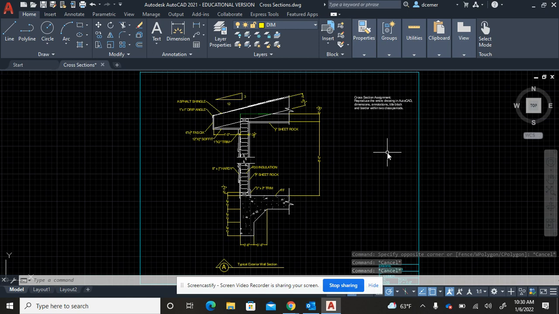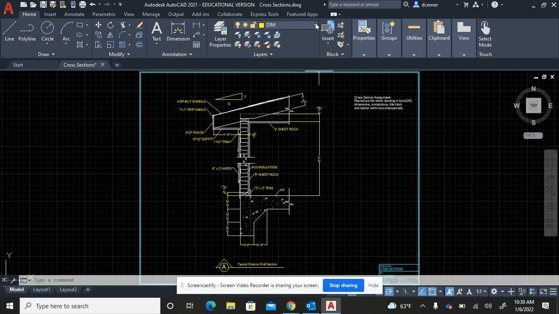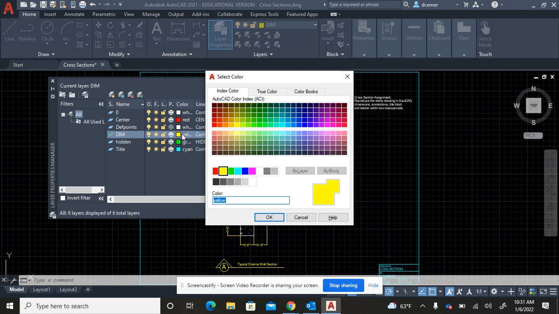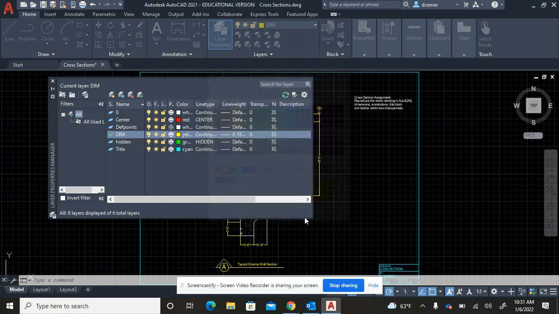Now let's have a look at something new that I added. I added this new layer called dim. That is for my dimensions. And I wanted to do something a little bit more professional with dim. Okay, I made it yellow so it'll stand out while it's on the screen there.